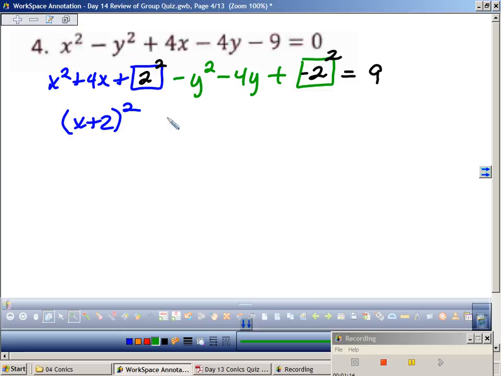I'm going to pull a negative out of here: negative y squared, this becomes positive 4y. That means I would be adding a positive. Equals.